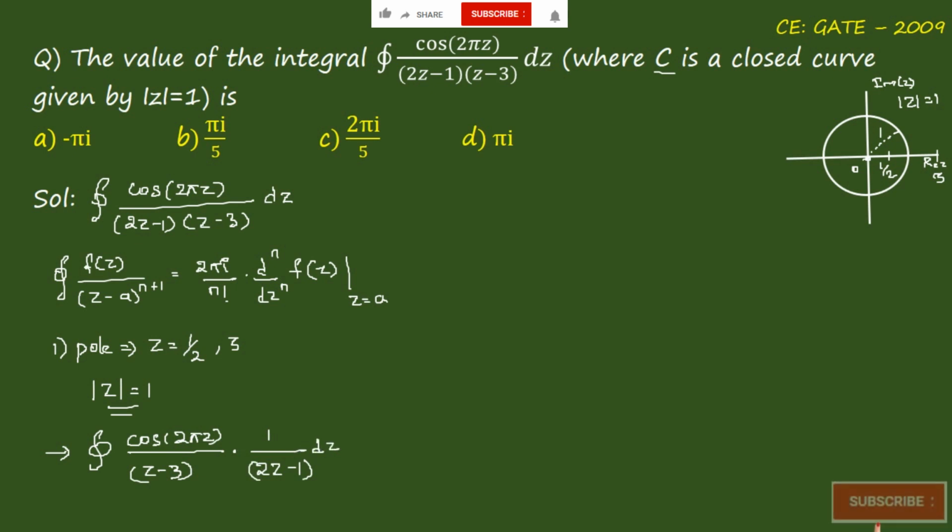From this one, we will find the value of f of z, a and n, right? Now from here we can see that this particular value is nothing but f of z, right? Now z minus a form should be there. Z minus a whole power n plus 1 form it should be there, right?